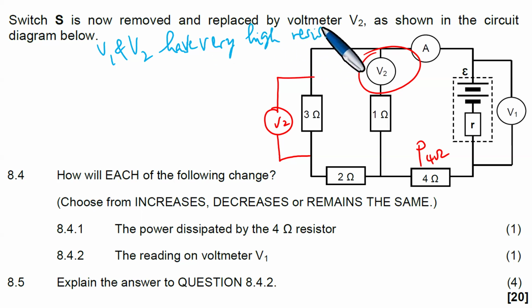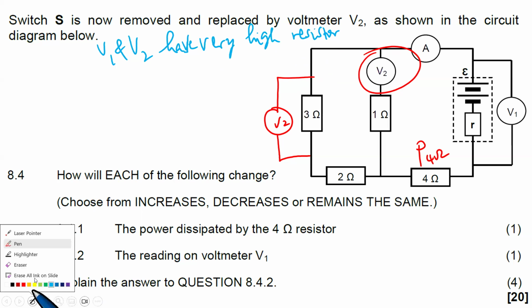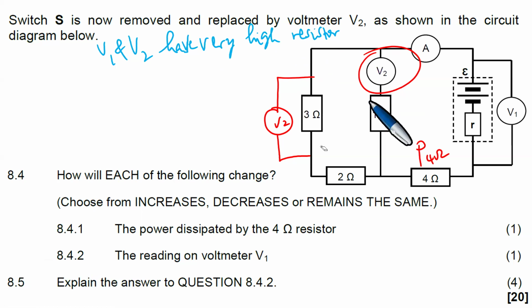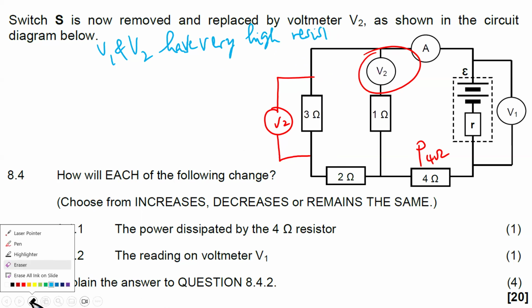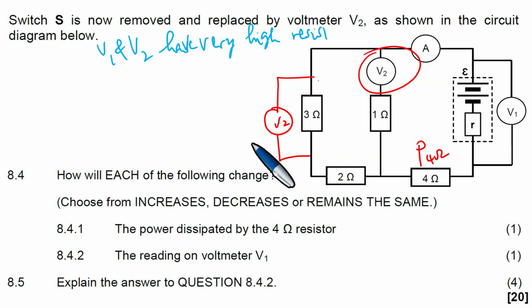So the truth is they are voltmeters, but I would say it makes sense for the examiner to connect it like this. Why has the examiner connected it like that? It would make sense because of the very high resistance; these are like resistors.